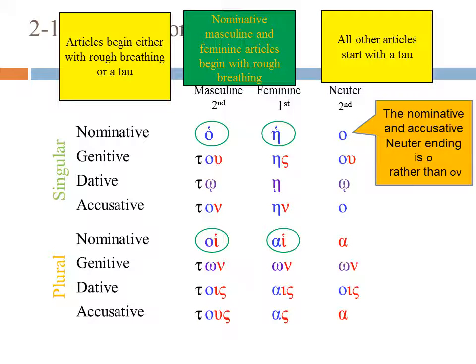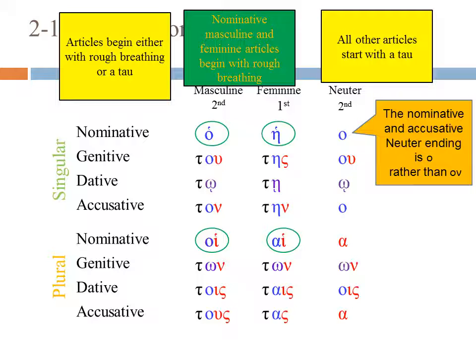And we get ho, tou, to, ton, hoi, ton, tois, tous. We'll do the same thing with filling in the feminine. And we get he, tes, te, ten, hai, ton, tais, tas.